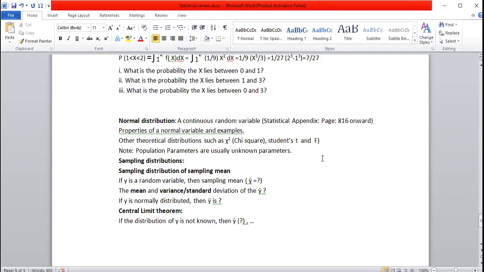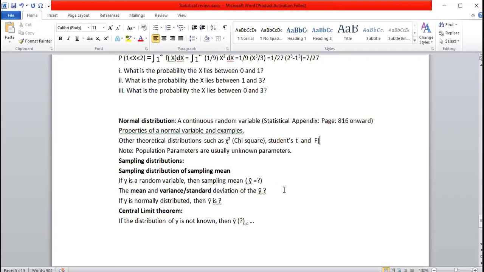Do you think this sample mean will be equal to mu? Let's say here y is a random variable. What is y? y is the income of the teachers of this city. But the mean of y is mu, which nobody knows. You collect a sample of, let's say, 100, and you find the sample mean, y bar.